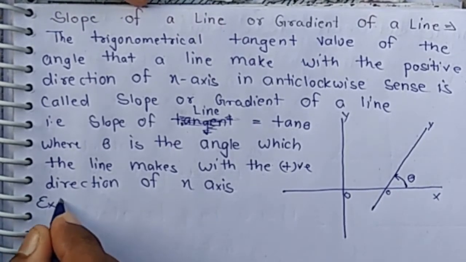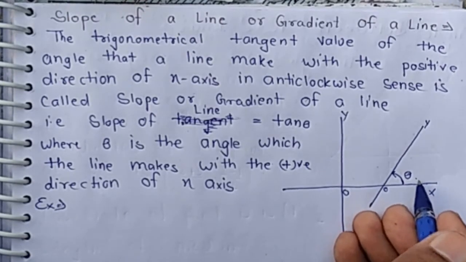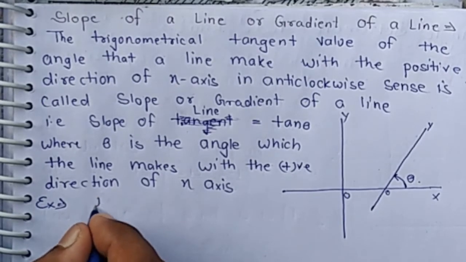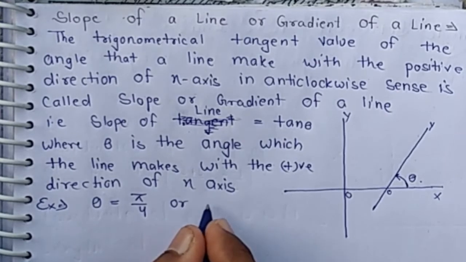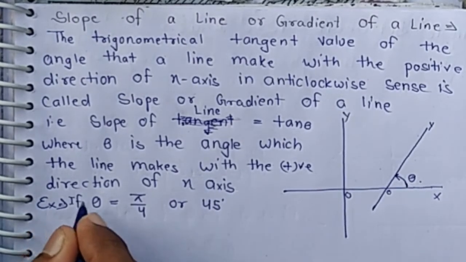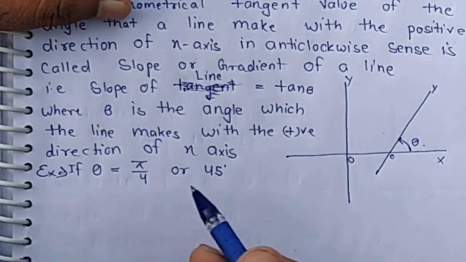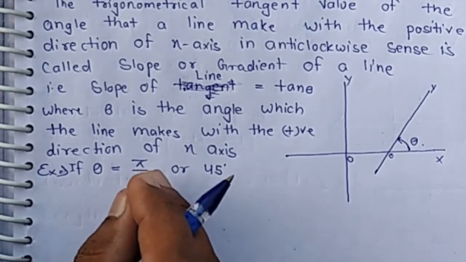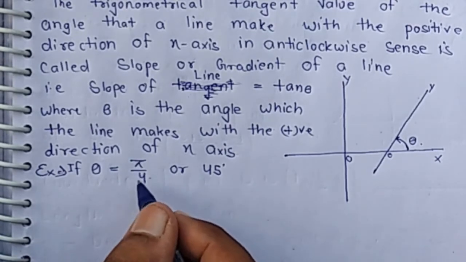For example, if a line makes an angle 45 degree or pi by 4 with the positive direction of x-axis, means theta equal pi by 4 or 45 degree, pi by 4 in radian. If we want to change it in degree, then we multiply it by 180 by pi.